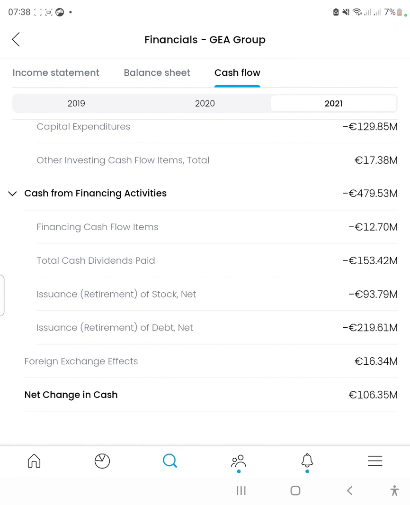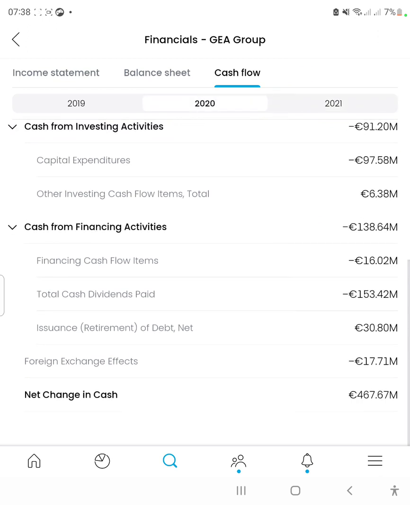And also 290 million euros, which is a large amount, went to eliminating debt. So as we said earlier, if the company can reduce its debt, it will definitely make the company a more attractive stock to shareholders. So foreign exchange effects came to 16.3 million euros, and the net change in cash for the 2021 financial year was 106.35 million euros.